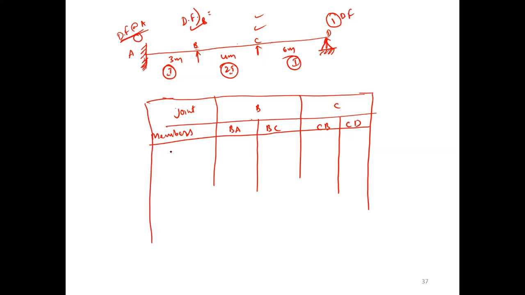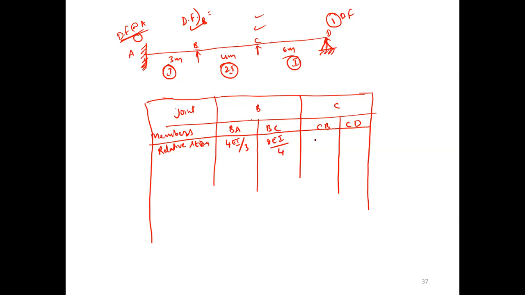Next, what do you require? Relative stiffness. For BA, 4EI by L, and EI by L is 3. For BC, 4EI by L, 4 into 2, 8EI by L, which is 4.